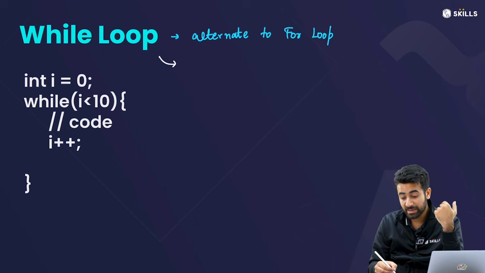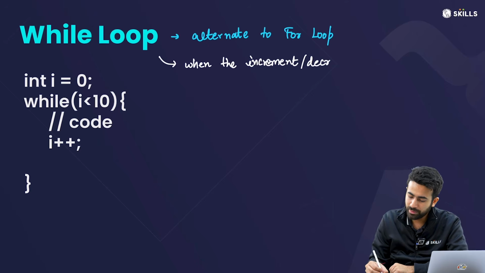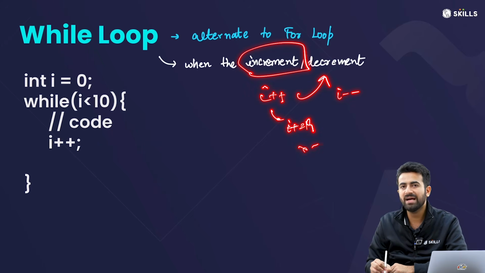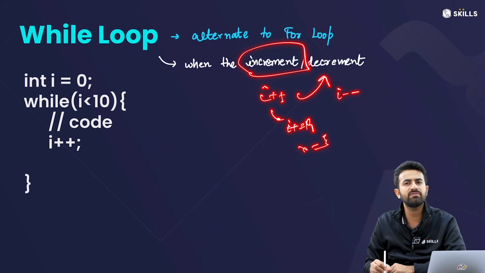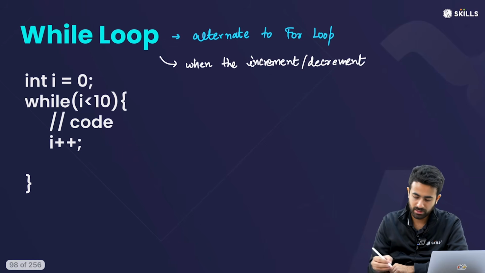I use a while loop when the increment or decrement is not just I plus plus every single time, or maybe I minus minus, or maybe I plus is equal to 19. It can be multiplied as well. There can be a lot of things in the increment decrement thing, right? Change, basically, I will say.